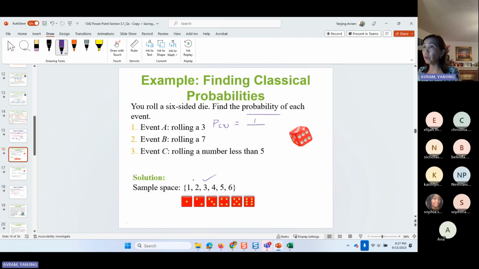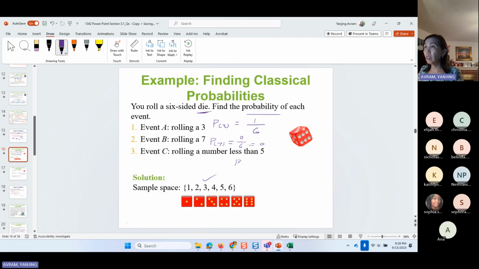That's 1 out of the total, and the total is 6. So it's a 1 out of 6 chance you're going to get a 3. Probability of landing a 7 on this 6-sided die: there's no 7 here, so the number of possible outcomes for 7 is 0, and 0 divided by 6 is still 0.